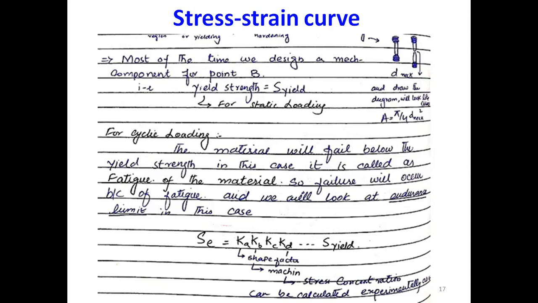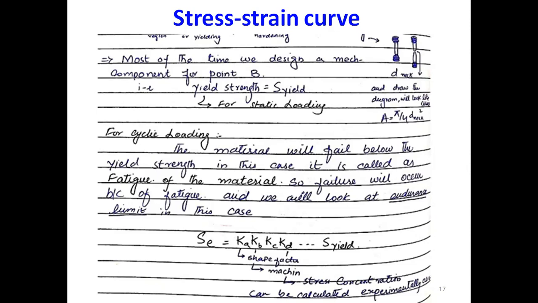In the majority of cases, when there are moving parts in the machine, we are subjecting the mechanical components to cyclic loading or repeated loading. Through experience, we come to know that under repeated or cyclic loading, the material has failed well below the yield strength.